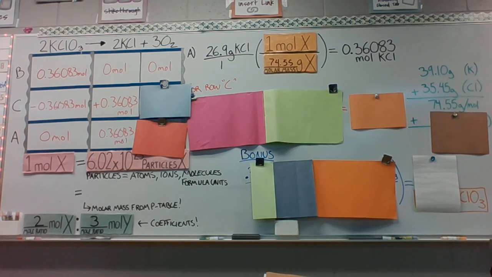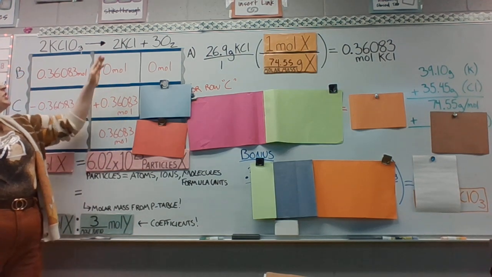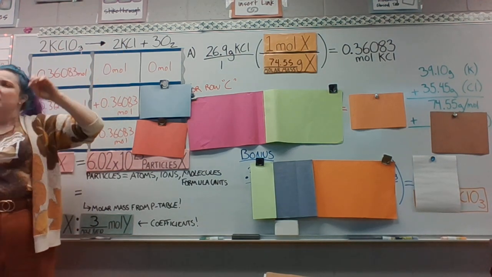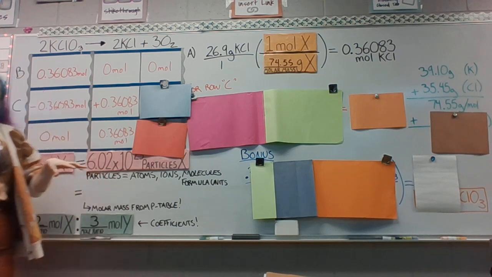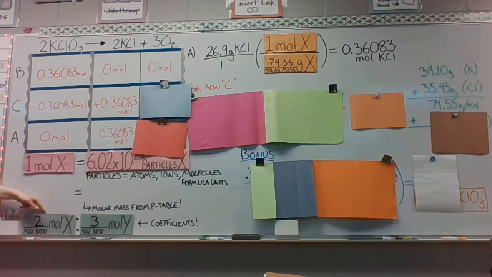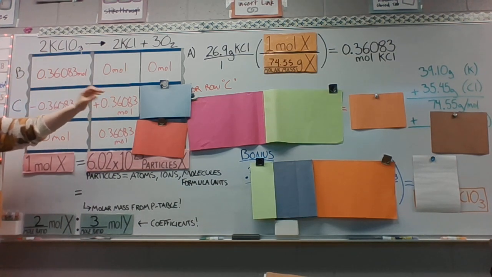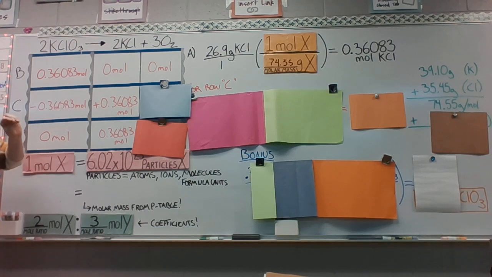And now we have to figure out this last box. Now, this might be a little bit less intuitive than the other ones that you have done in the past, just because it's a 2-to-3 ratio. So you have to use a conversion factor. We're going to be using the mole ratio, okay? You're using the coefficients to calculate row C, right?